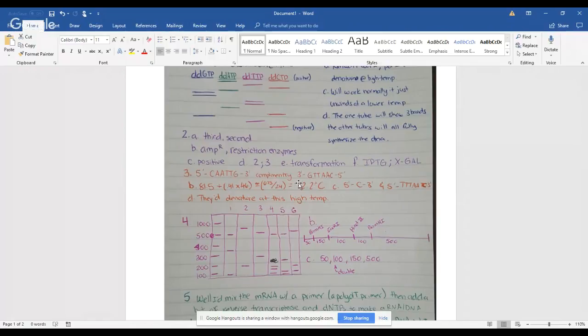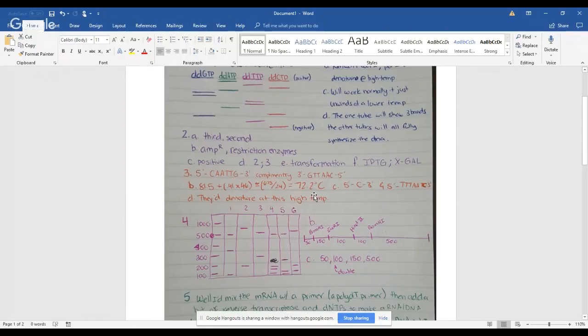So I wasn't really sure what to do with this one. For part B, I just counted all the T's and A's and the C's and G's and took the proportion out of the whole, and then I just plugged it in. There's 24 nucleotides in that gene. So I got 72.2 degrees Celsius.